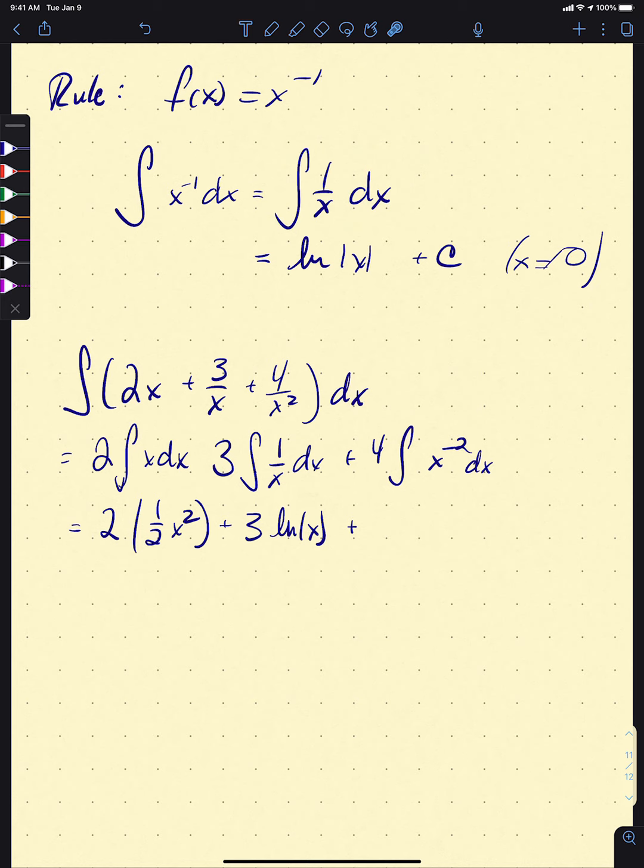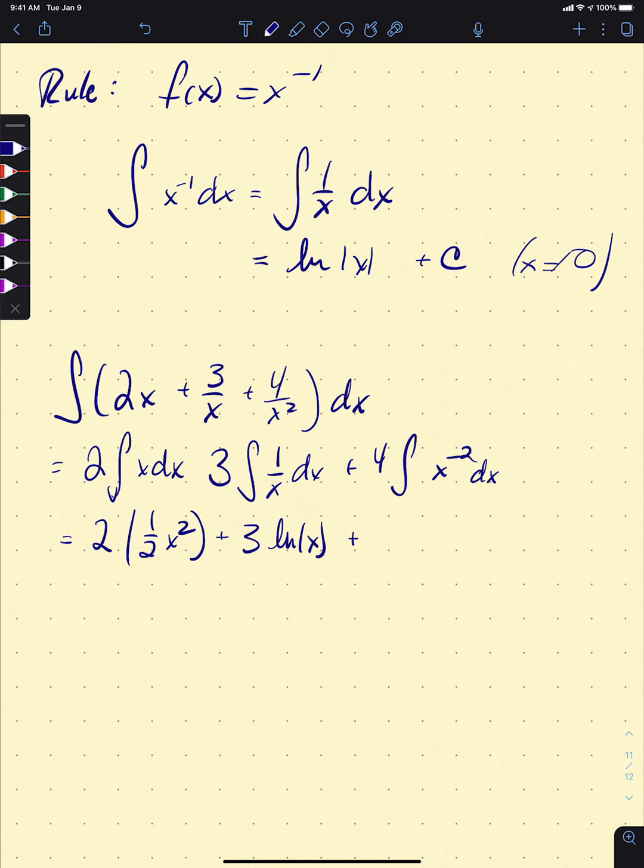But it's important, this is a power rule because we have a power that's not -1, right? And so we need to use the power rule. It's going to be 4 times x to the -2 plus 1, which is -1, divided by -2 plus 1, which is -1. And then we need our plus c there at the end.